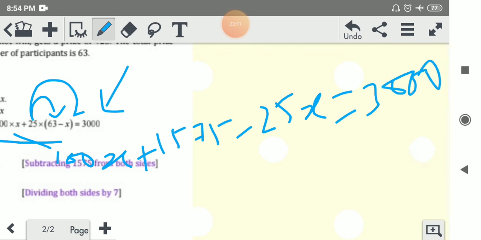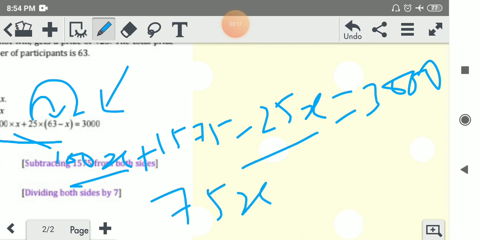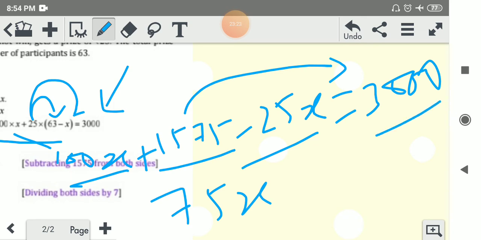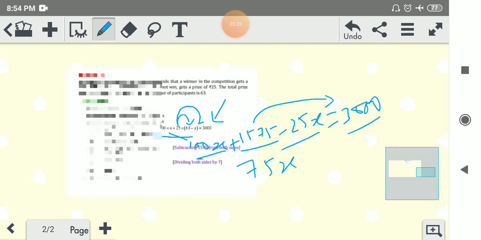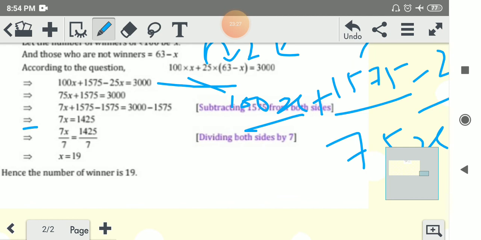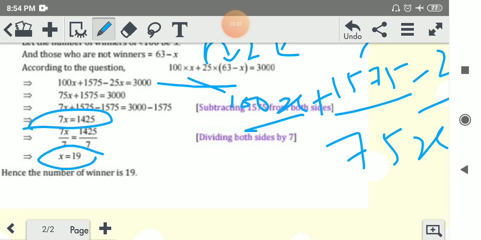Solving for x, 100 minus 25 is 75x, and 1575 going to the other side becomes minus from 3000. So we get 75x is equal to 1425, and the value of x is 19.